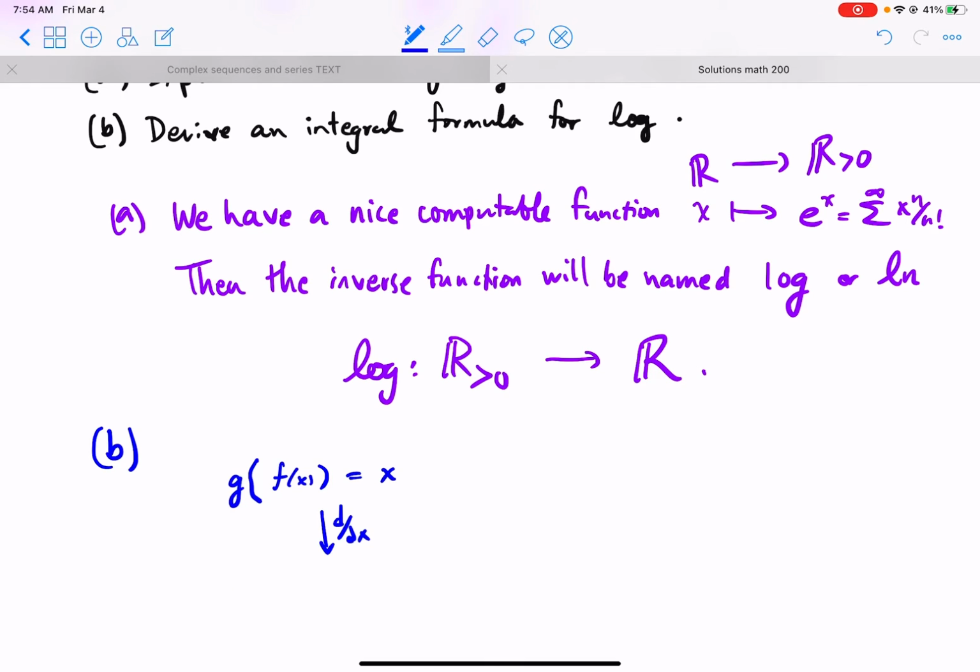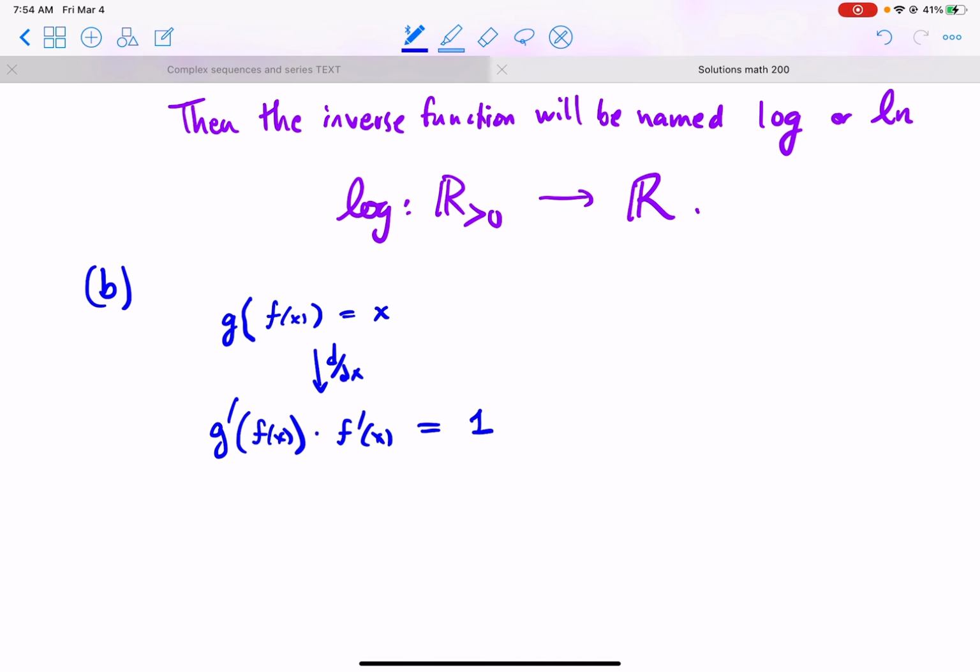What does that give? It gives g prime evaluated at f of x times the derivative of the inside function, which is f prime at x. That is the chain rule. The right-hand side, derivative of x, that's 1. But then g prime of f of x is equal to 1 divided by f prime of x.